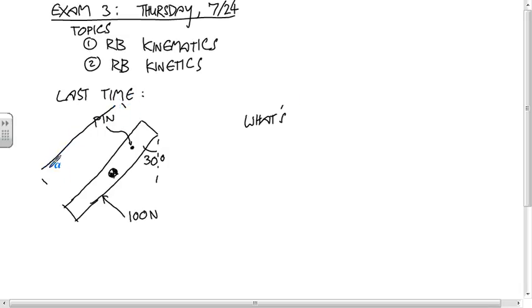It's 1 meter long, 0.2 meters wide. The mass was 30 kilograms. This is a view from above, so we didn't have to worry about the weight or the normal force. Those are both out of this plane. And we just wanted to calculate the angular acceleration.